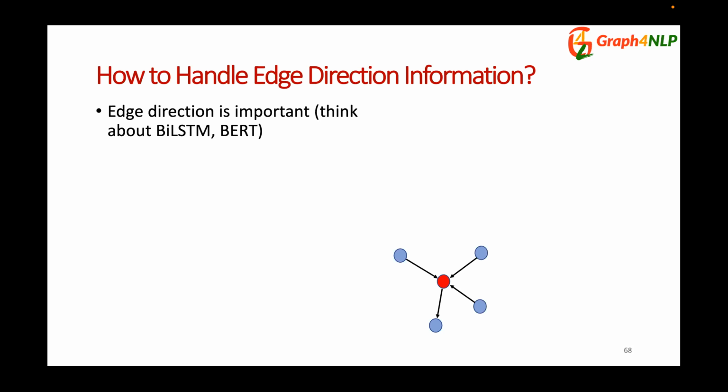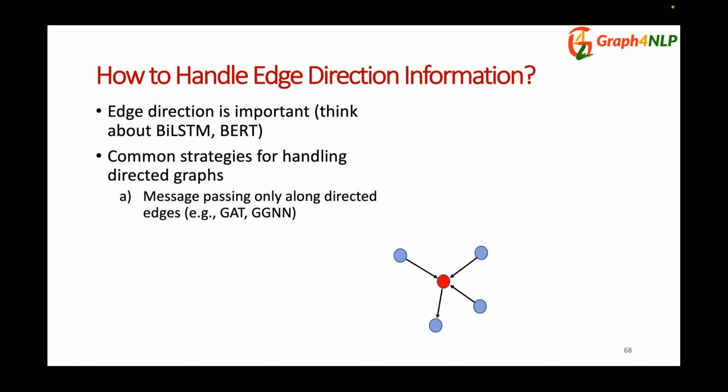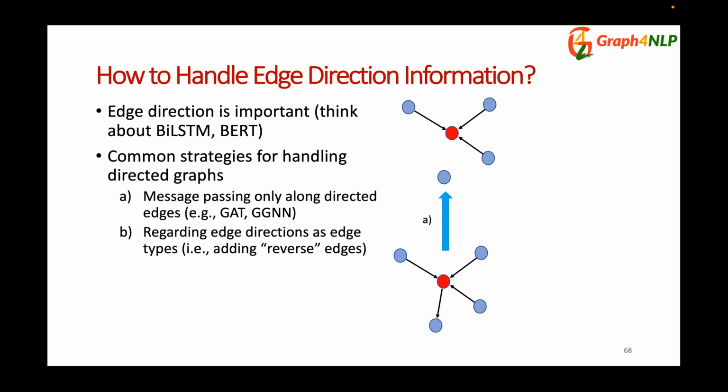Given a directed graph, we might not be able to directly apply some homogeneous GNNs, which leads to edge direction information loss. Common strategies for handling directed graphs include: one, message passing only along directed edges, but that's not ideal because we will lose the useful edge direction information. Two, we can choose to regard the edge directions as edge types, and those edge types can capture the edge direction information.